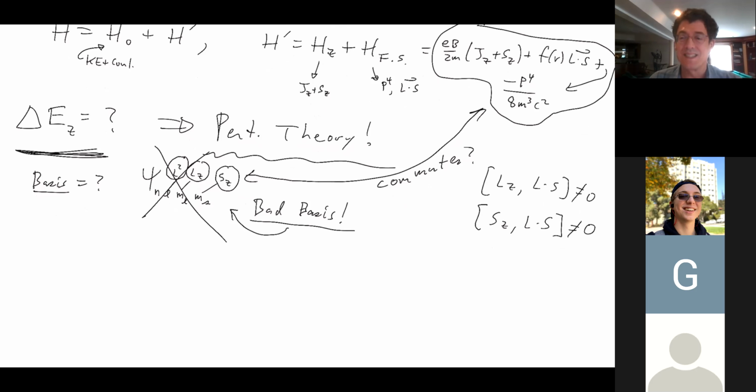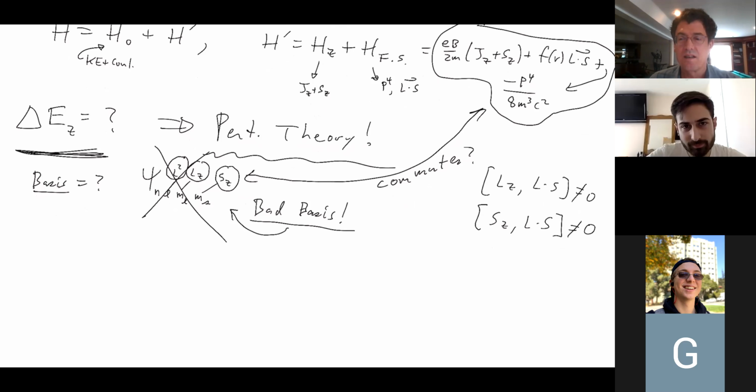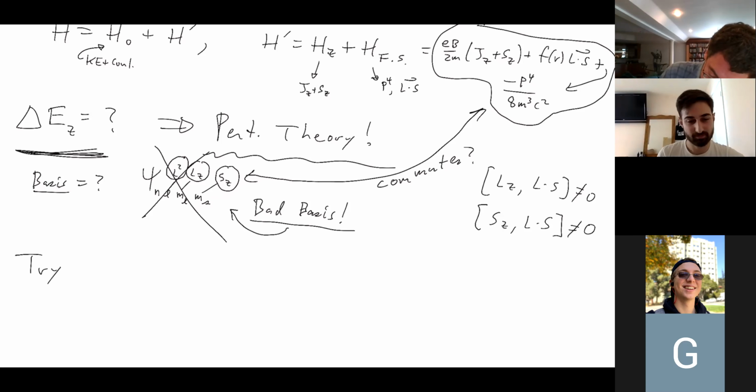Somebody suggest a basis. The new basis. What's it called? It's the N L M sub J. Exactly. Some people refer to it as the J basis, but it's the total angular momentum basis. That's exactly right. So let's try the J basis.